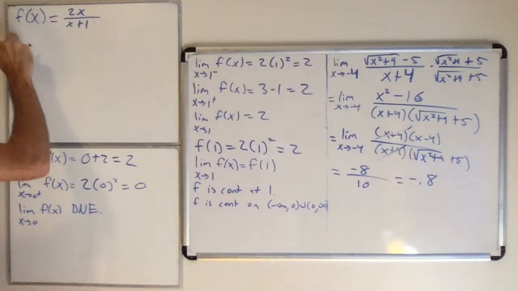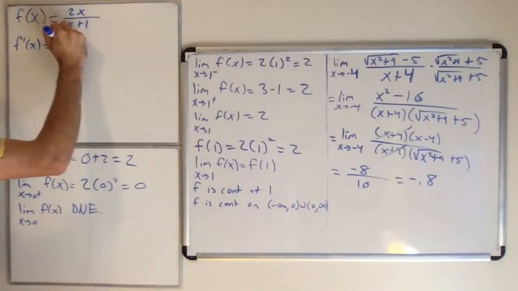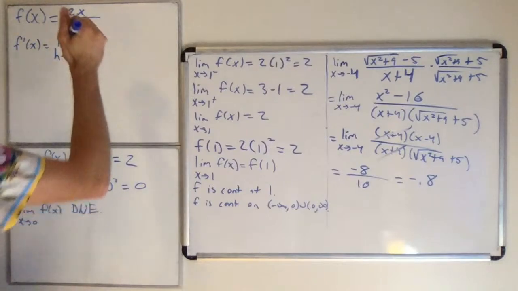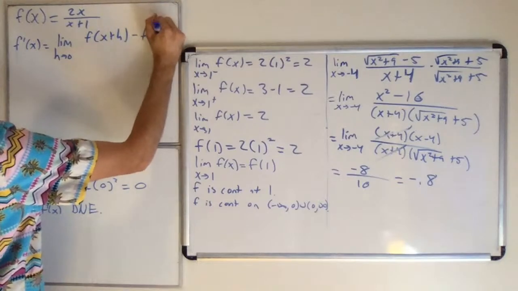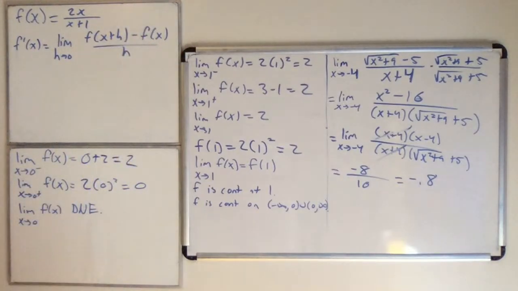It's f prime of x is equal to the limit as h goes to 0 of f of x plus h minus f of x all over h. All right, did anybody actually say that out loud? I did.